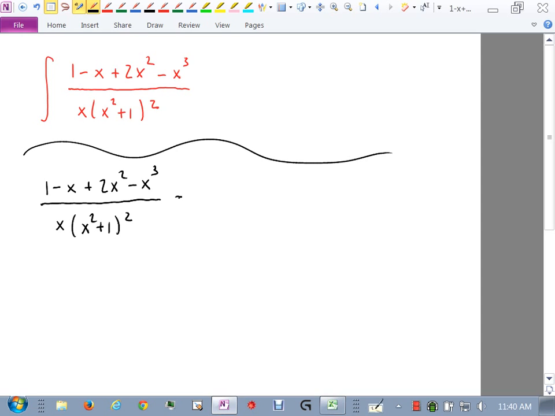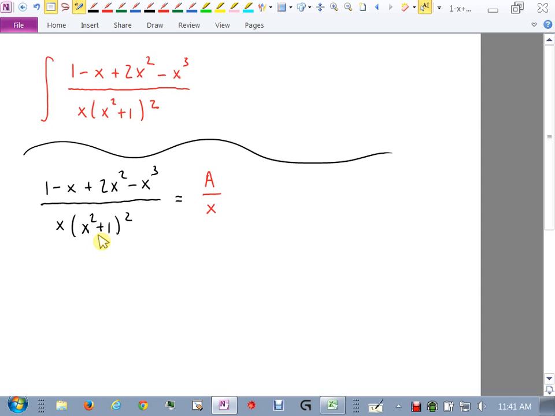All right. We have in the denominator what? Linear factor. So for that I put A over x. And then here we have an irreducible, repeated quadratic factor, right? This is irreducible quadratic. It's repeated because it's squared.